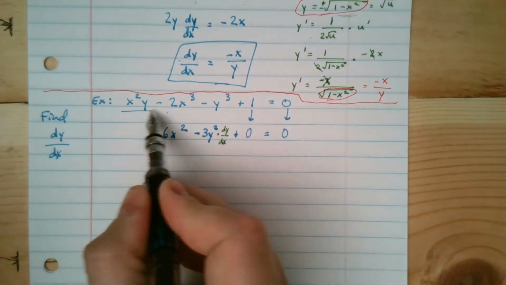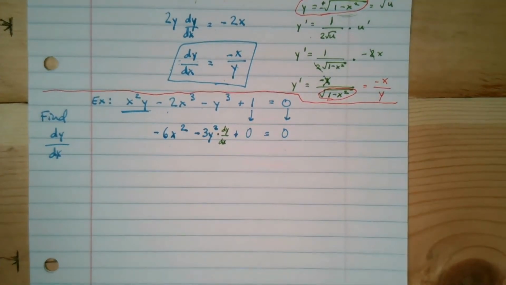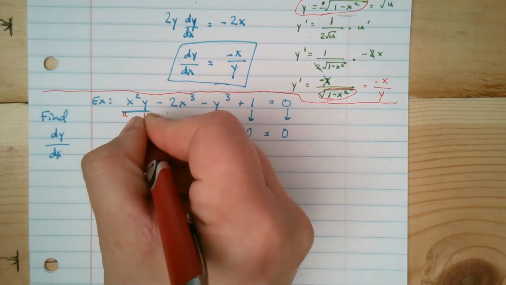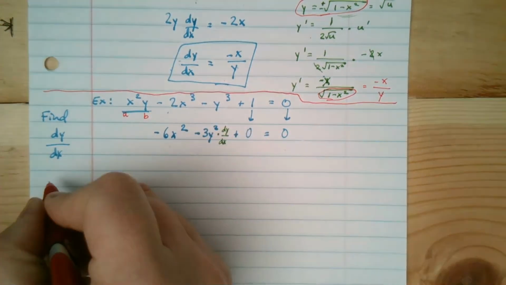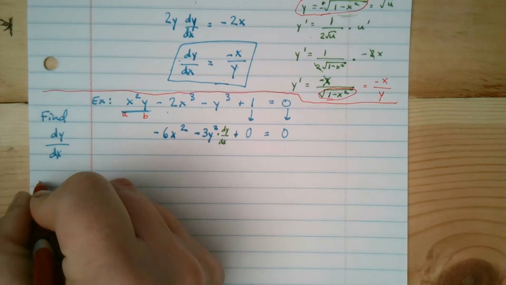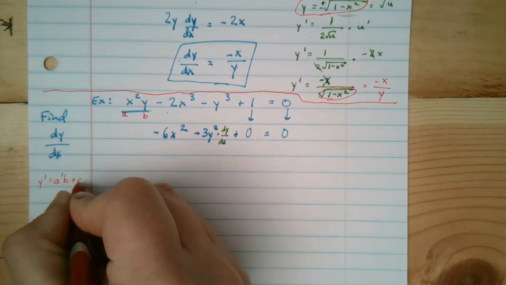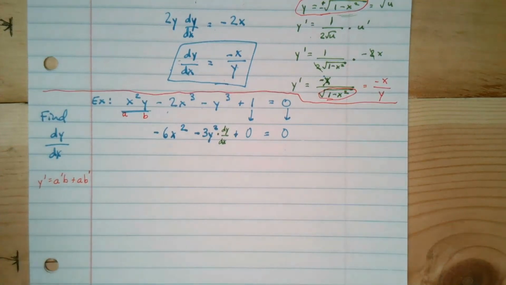Now, this guy here is special because it is a product. You have to use the product rule, okay? Because you have x squared times y. So this is my a, this is my b. Recall the product rule. Y prime is a prime b plus a b prime, right? That's our product rule.